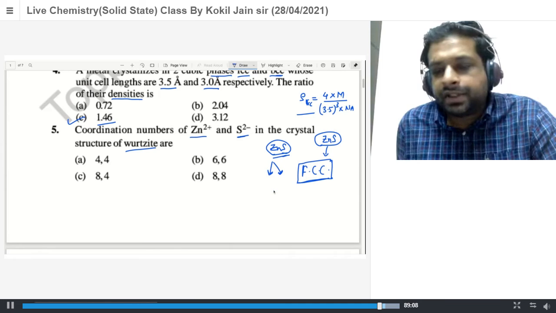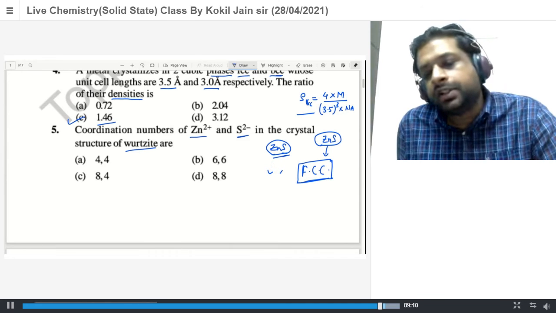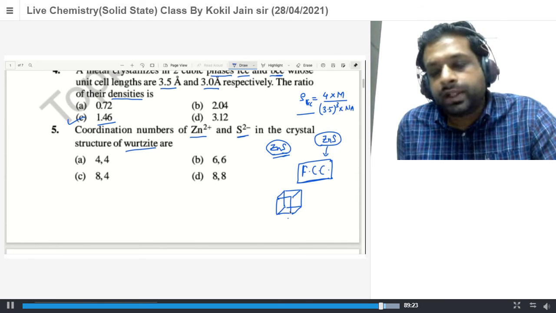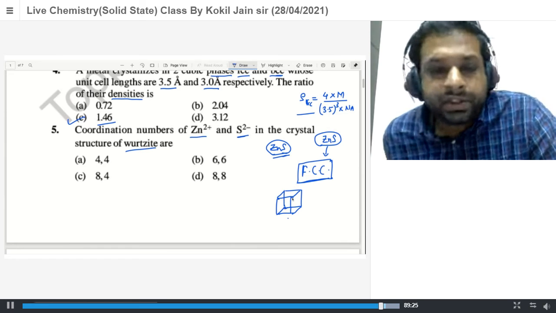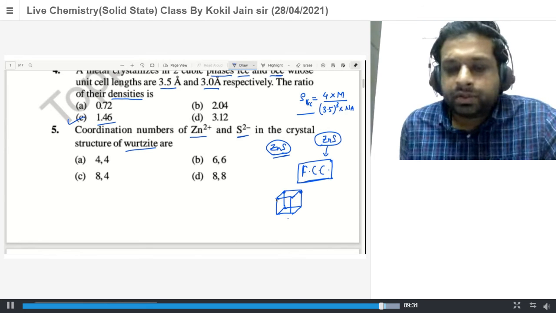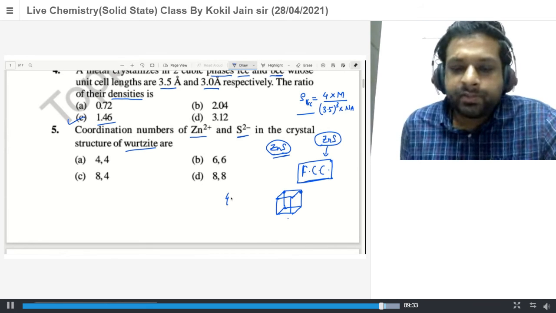What happens here is, in case of ZnS, it assumes the FCC lattice, and in each unit cell there would be 4 ZnS effectively present.